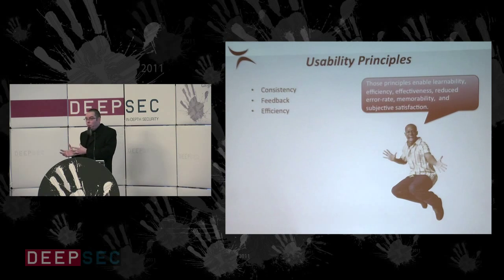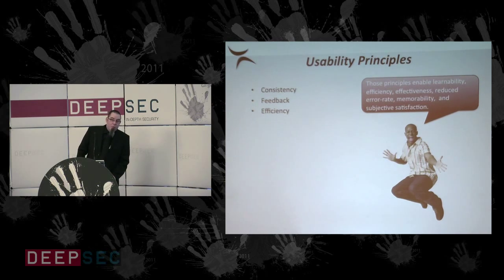For another end user group, for example, if you develop for your own community, for developers, then maybe working to boost the efficiency principle is a very good idea. If you want to do a personal firewall for the Aunt Annies of the world, then maybe learnability would be the thing to maximize and not efficiency.